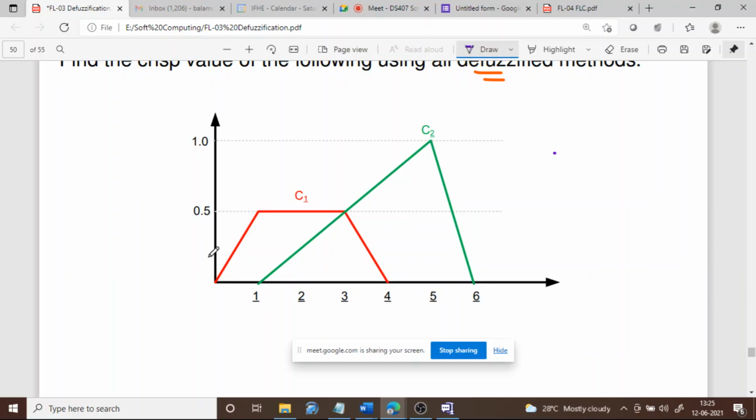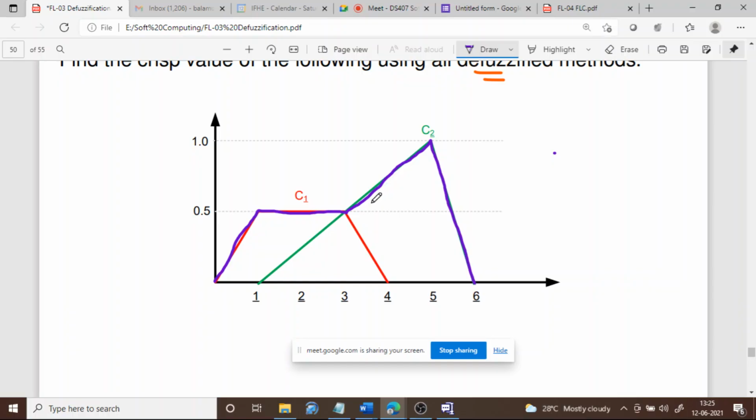C1, yes. From 0 to 3, the output will be from C1, that is, this portion will be taken. From 3 to 6, the output will be from where? C2. Yes, so this portion you have to take. So this will be the resultant plot.